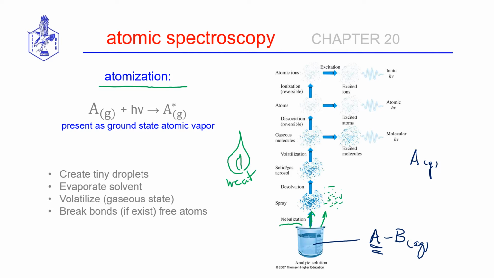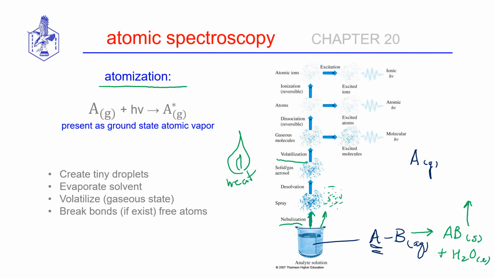Okay, so the first thing that we're going to do is we're going to evaporate, we're going to get rid of the solvent, the water, or whatever the solvent is. So this molecular substance is now going to be in the solid form, and I'm going to lose, let's say water was my solvent. So I'm losing the water, I'm losing the solvent. Okay, so at this point here, I no longer have solvent, and the next step is to go from the solid phase to the gaseous phase.